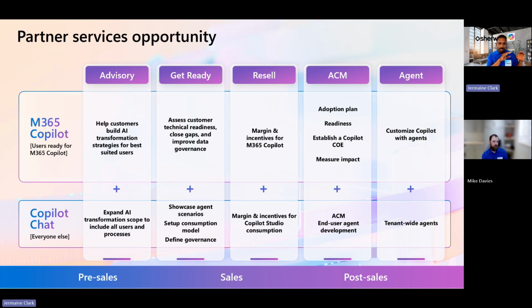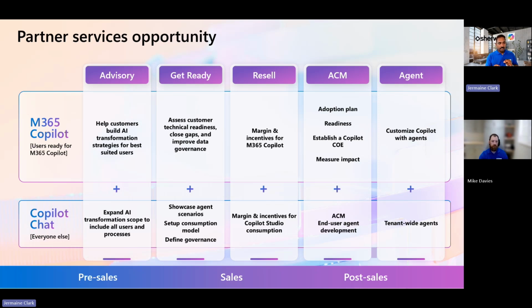With Copilot, let's start with Copilot Chat because it's free. It's your online version on the web, not tied into your Microsoft Graph data internally. When you think about Copilot Chat, from an advisory perspective, you want to expand on AI, get users using it, learning and training and understanding the process.